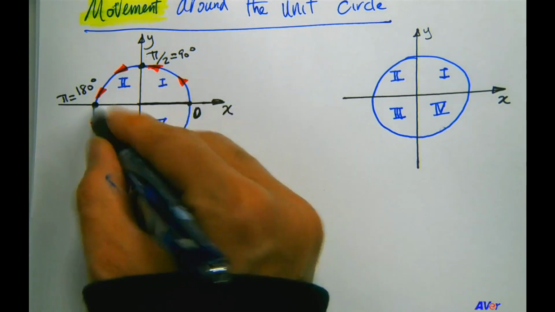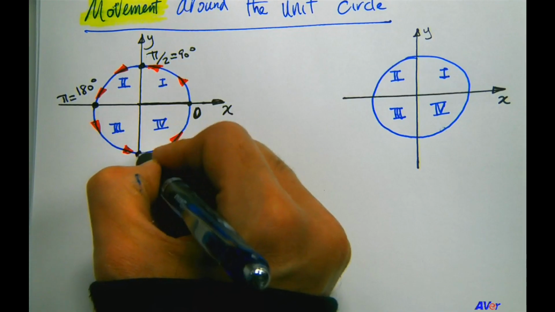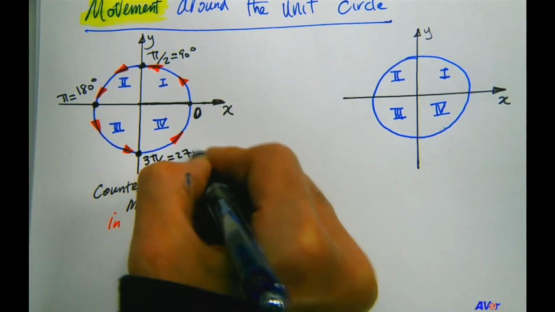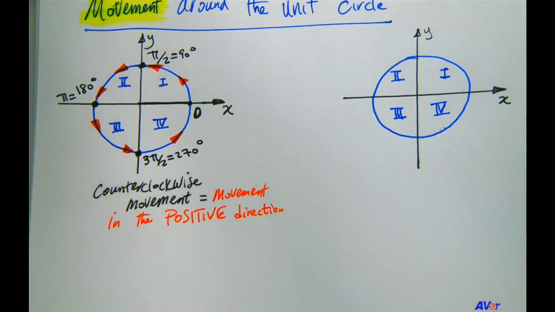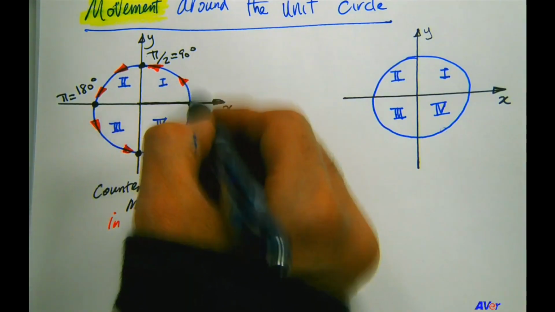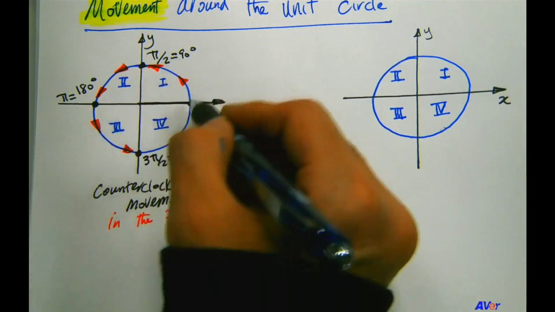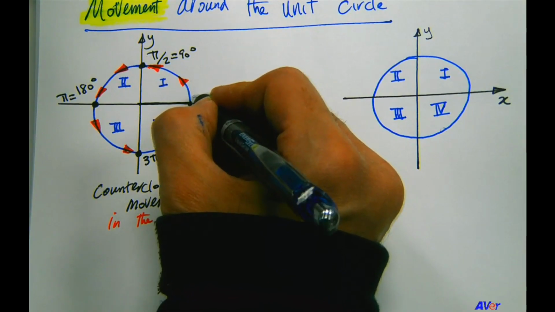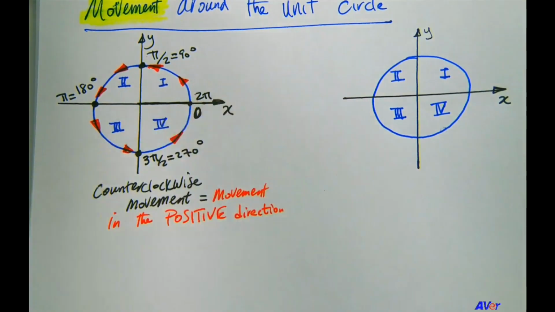Then if you continue tracing that angle to this point, that would be 3 pi over 2, equal to 270 degrees. And of course, if you go one full revolution around the circle, you've traced from 0 to 2 pi. One full revolution around the circle in the positive direction.